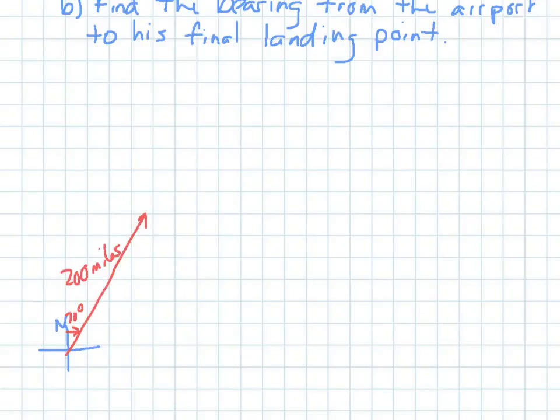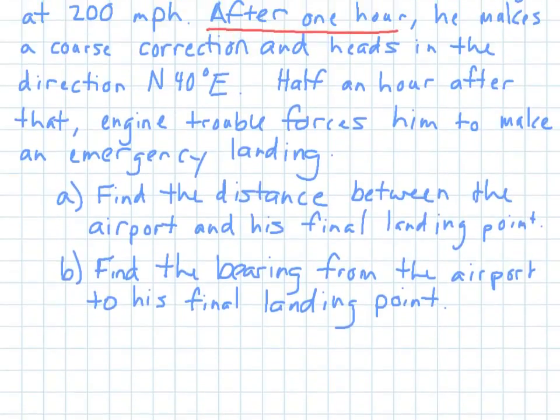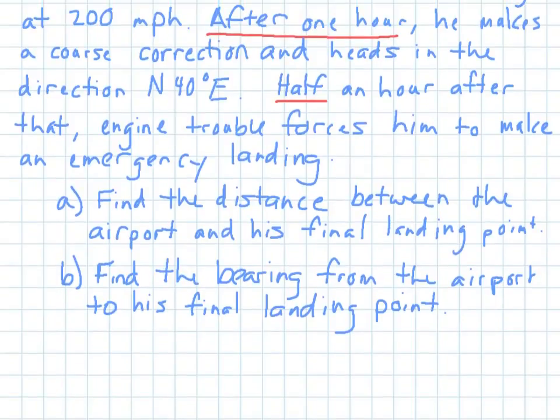Then they said that he made a course correction. So now instead of going north 20 degrees east, now he's going to go north 40 degrees east. And he does that for half an hour.